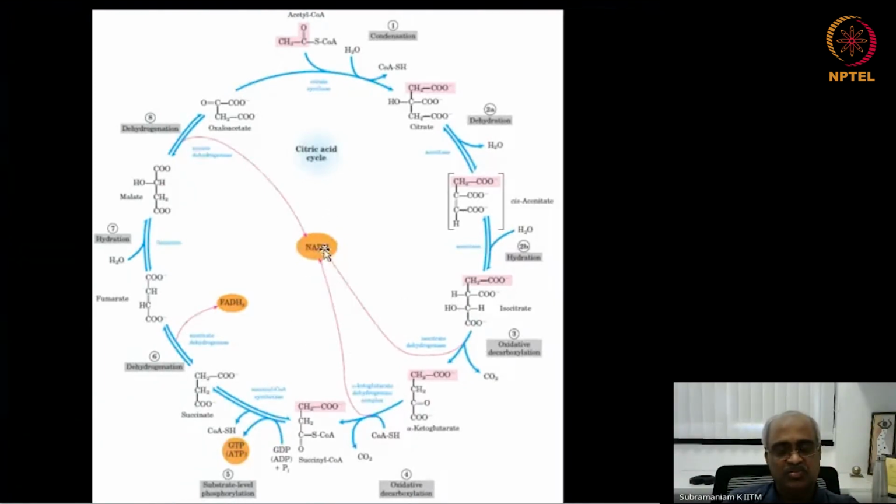From 3 steps you make NADH, 1 step you make FADH2, and then there is one substrate level phosphorylation again. Substrate level phosphorylation is another important concept that we have learned already in glycolysis. Okay, so this gives you a quick overview, and the enzyme names are also there. So before the exam, you can quickly look at this slide instead of going through all the individual slides of this TCA cycle.